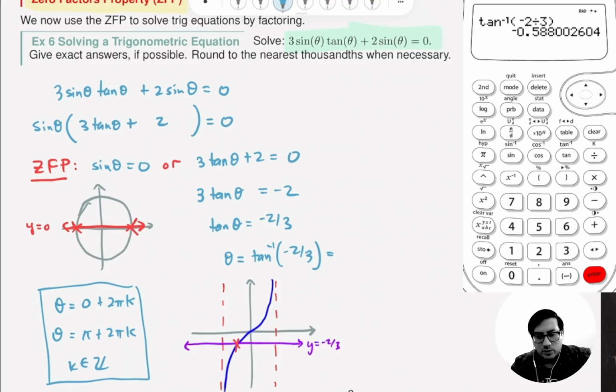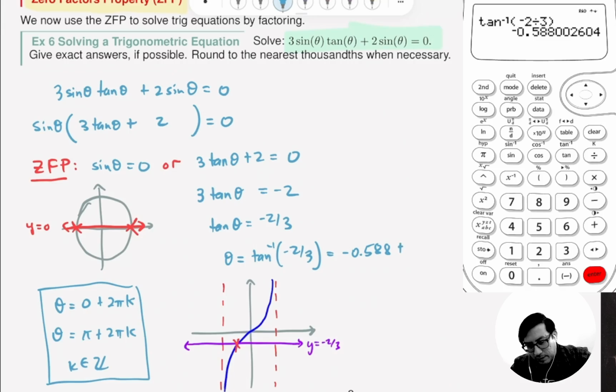So we do need to round to the nearest thousandth. So negative 0.588. Notice that the negative sign on the calculator agrees with our picture. It's saying, great, I was expecting a negative number because of the picture, I get a negative number, so I'm super happy.